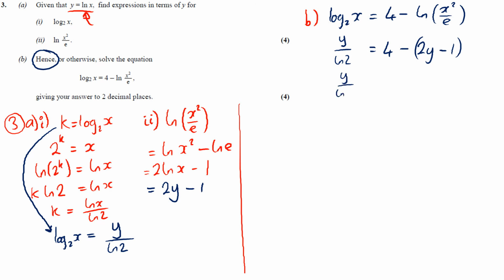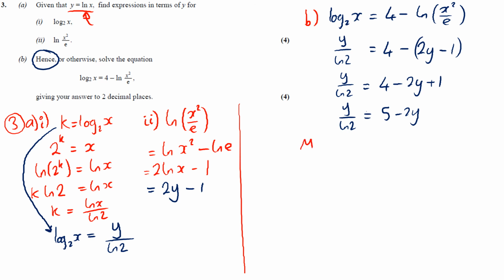First thing I would do with this is expand that right hand side. So that's going to be 4 minus 2y plus 1 because it's minus minus. So let's go even one step further and say that's 5 minus 2y. And then I want to solve this equation. So I want to get y on its own. So it's essentially back to GCSE.